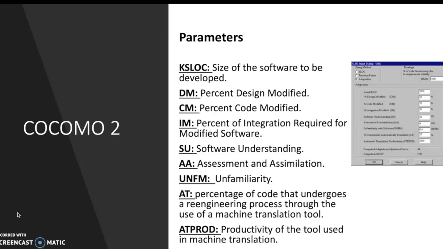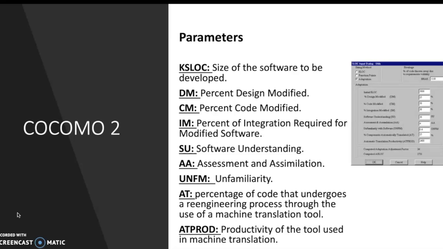IM, percent of integration required for modified software. Percent of effort required to integrate the adapted software into our overall product and to test the resulting product as compared to the normal amount of integration and test effort for software of comparable size.